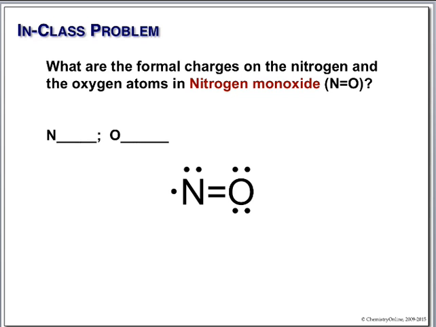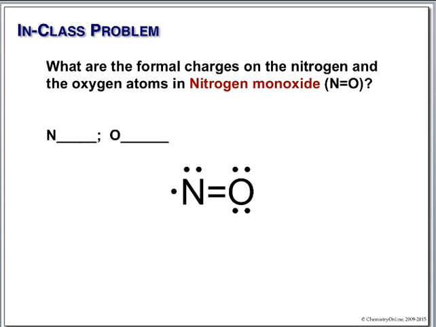Now, in order to do formal charges, there was a formula that we knew once, but we really don't have to think about that, do we? Because we remember that we're going to split open all covalent bonds, and we're going to distribute the electrons to each atom.